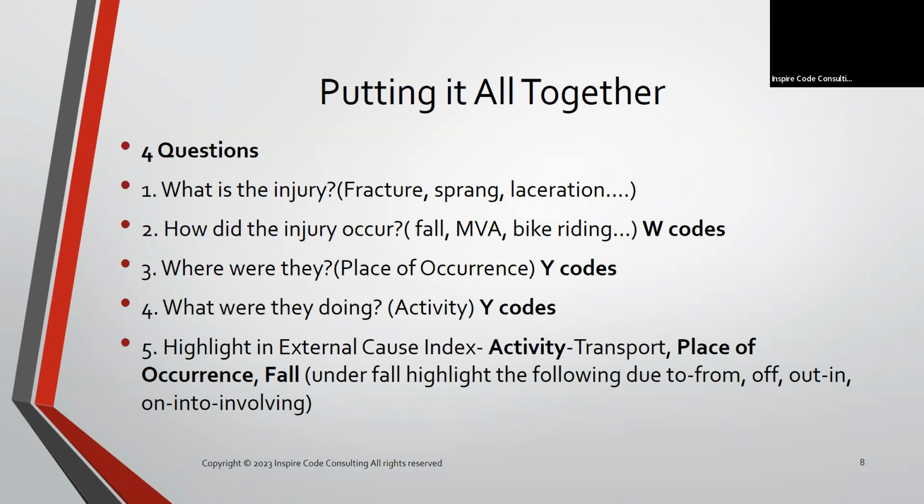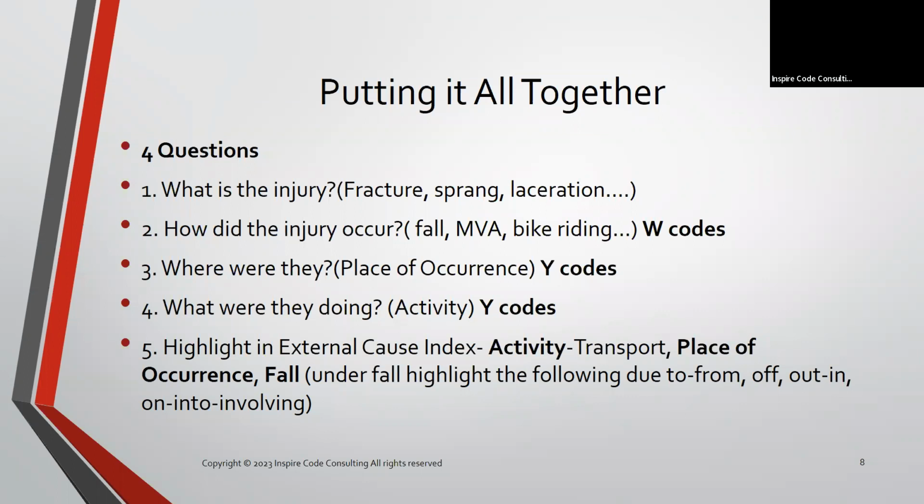So we want to code to the highest specificity. With that being said, you want to make sure you have every detail. In your book, when you go to fall, there are different types of ways that you can fall. I know you're probably saying in your head, a fall is a fall. It is. However, it can happen different ways.